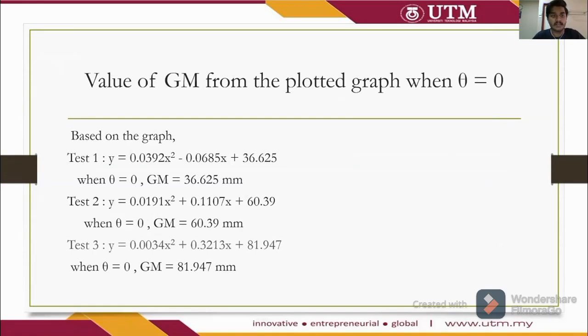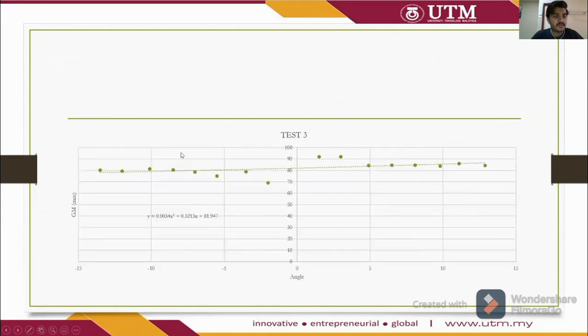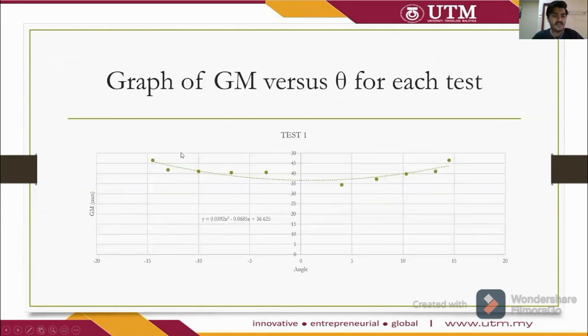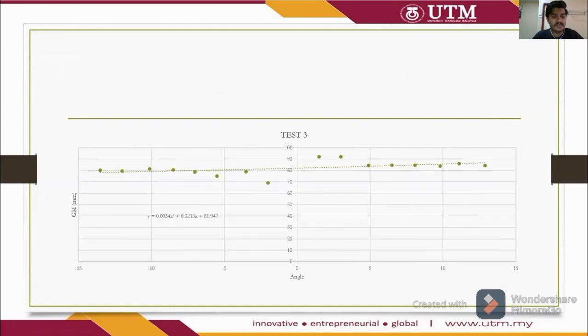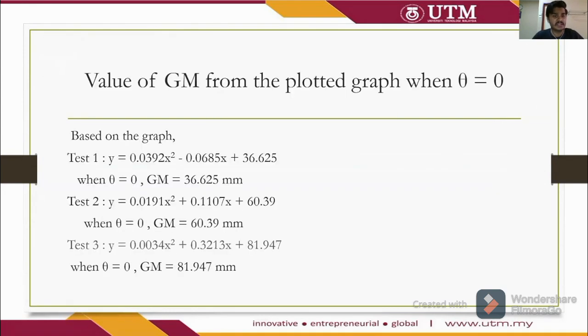Our second discussion will be the value of GM from the plotted graph when theta equals 0. From the graph, we can take the equation and substitute the value when x is equal to 0. For the first test, GM will be 36.625 mm, the second test 60.39 mm, and the third test 81.947 mm.